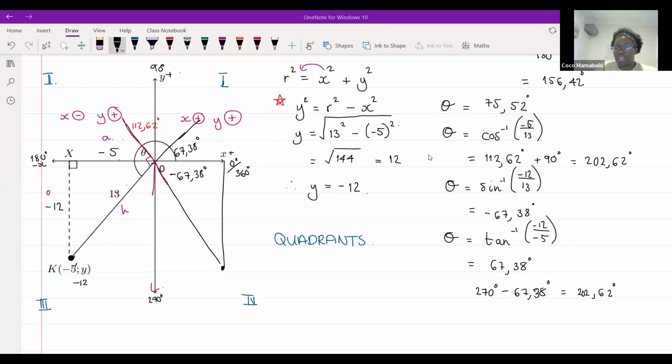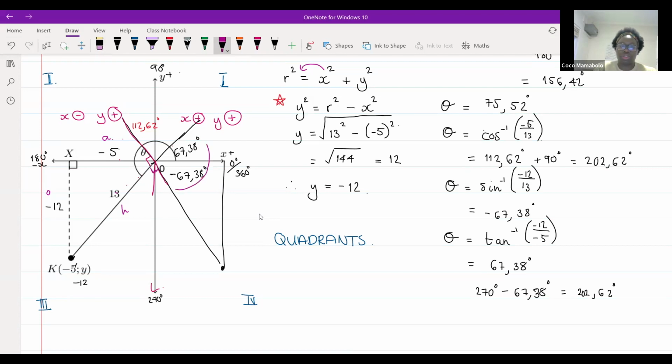Now, what about this negative 67.38 over here? How do we change that into the angle that we want? Okay, if my negative is sitting over there, I know that this over here is a 90-degree angle. I've got negative.